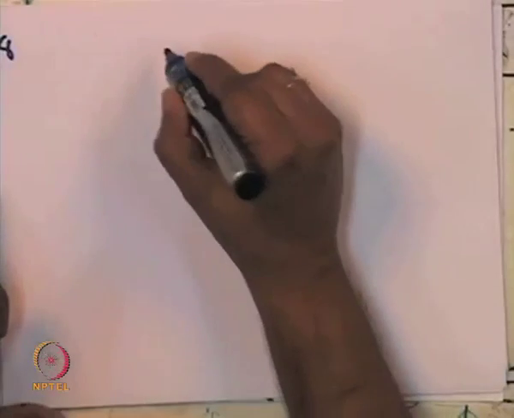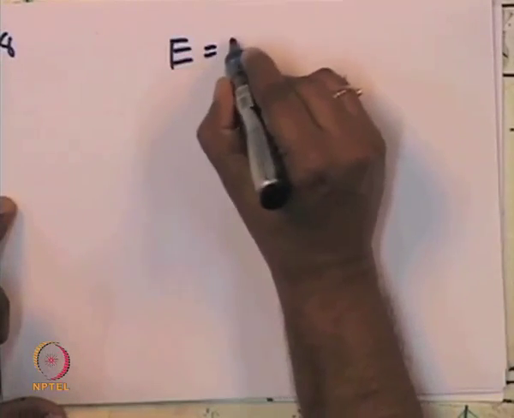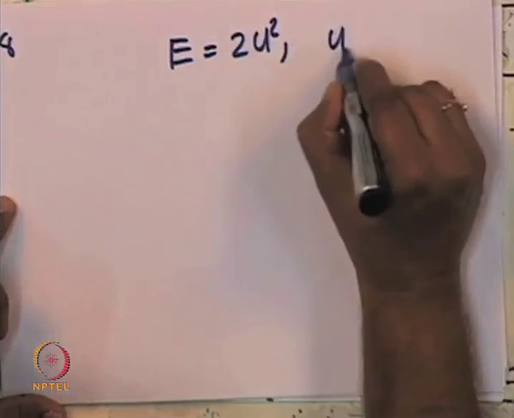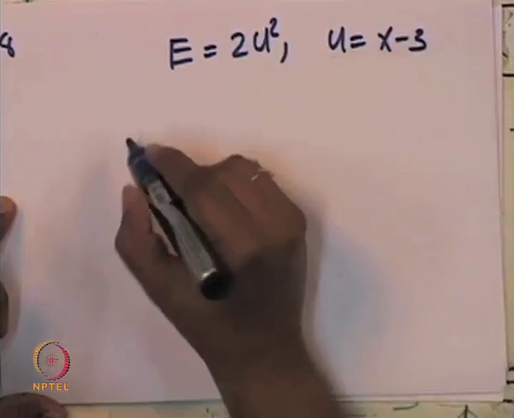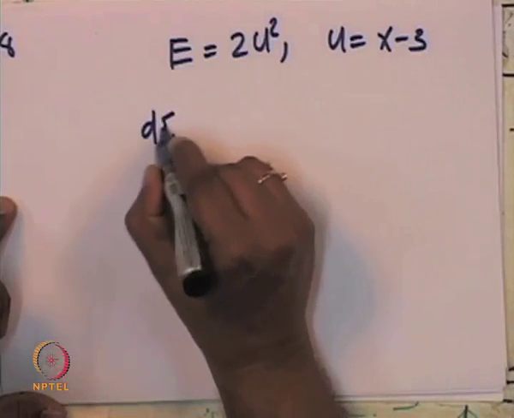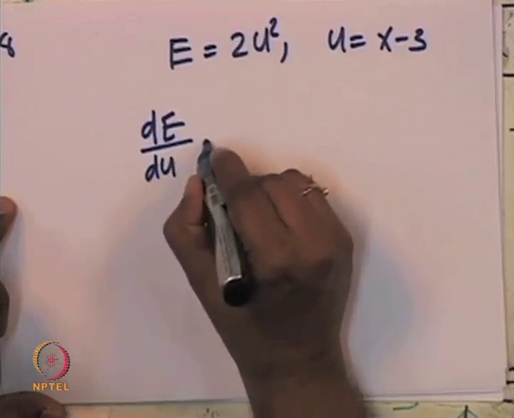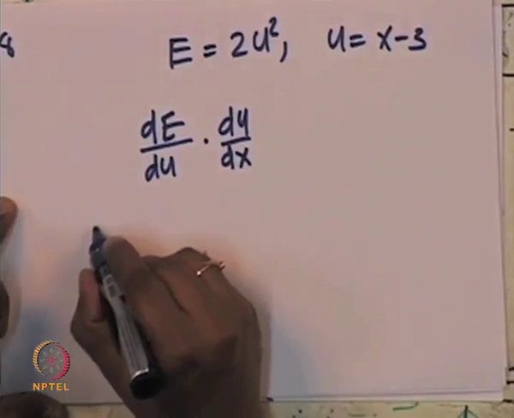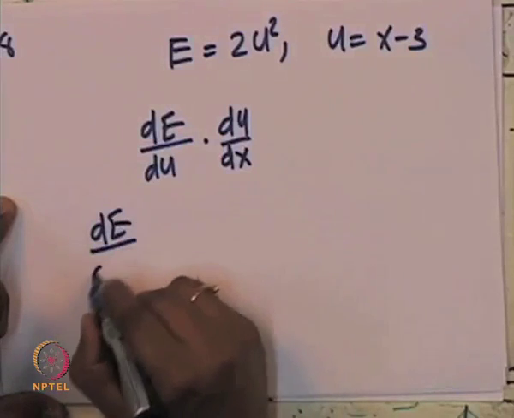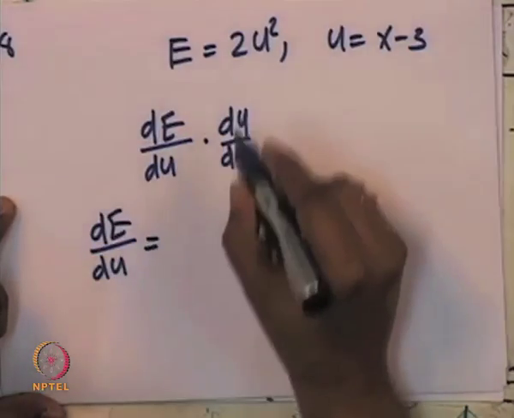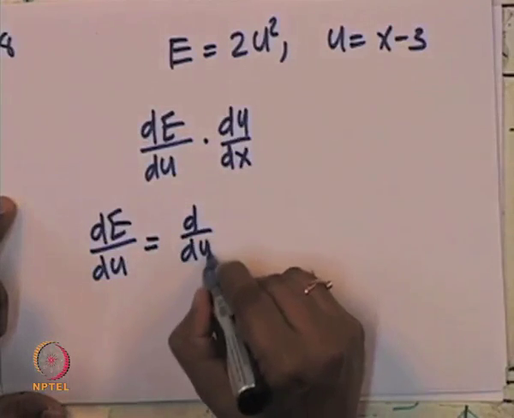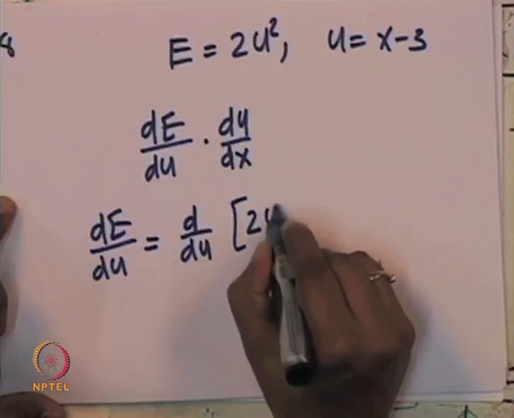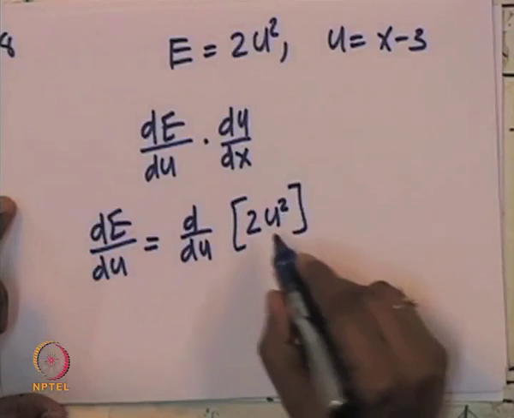What we want is E is 2u squared and u is x minus 3, and dE by du into du by dx is what we want to find. dE by du is d by du of 2u squared.